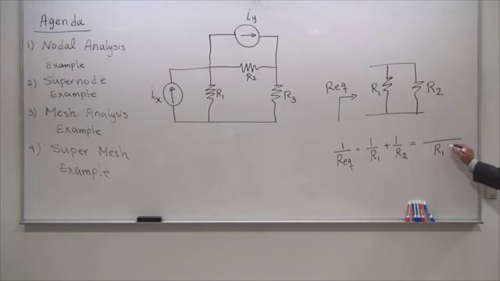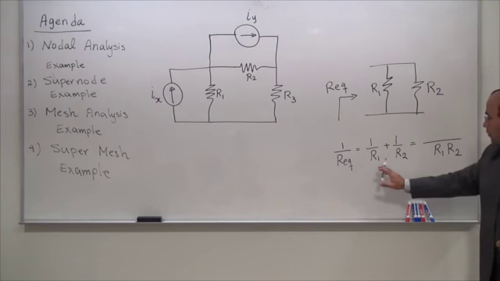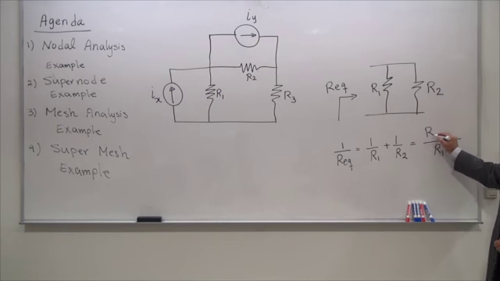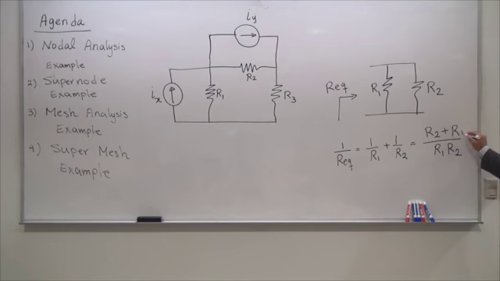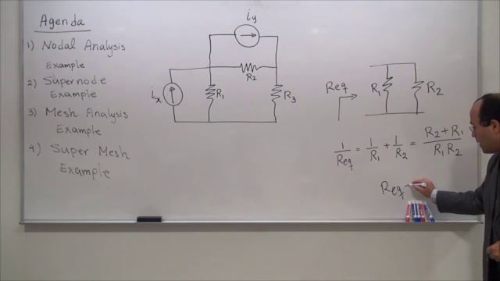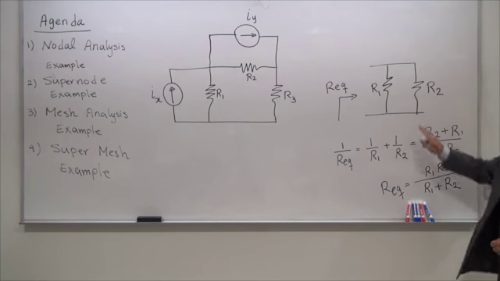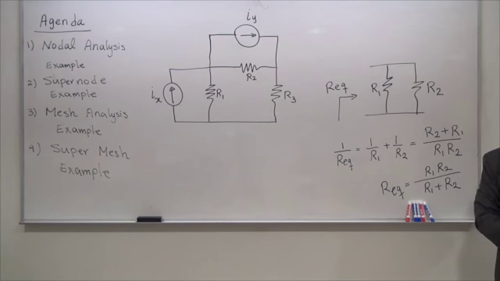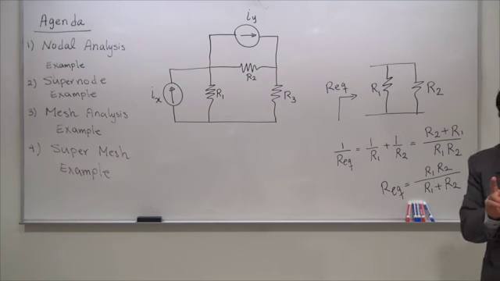You see, this is going to be the common denominator, and when you divide this common denominator by R1, you get R2 on top, and when you divide it by R2, you get R1 on top. Since I'm conscious of doing an inverse, many textbooks actually say that if you happen to have two components in parallel, all you have to do is multiply them and divide it by the summation of the two resistors. This rule is only correct for two components in parallel.